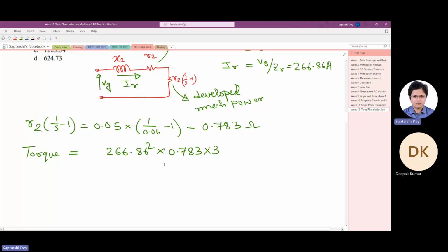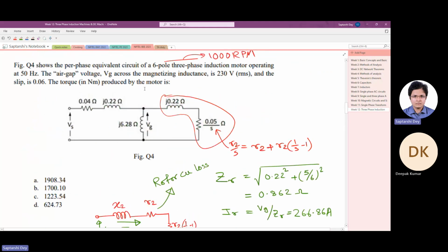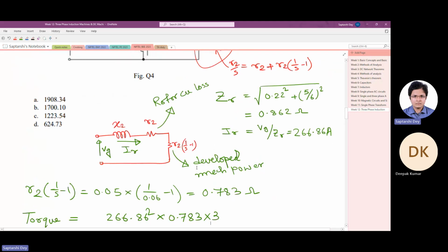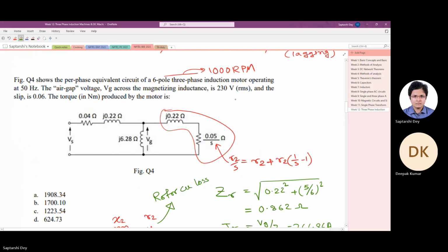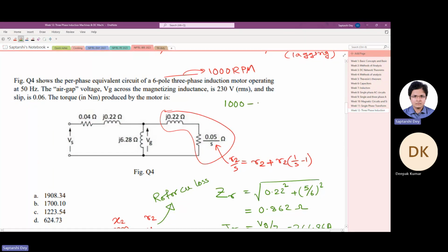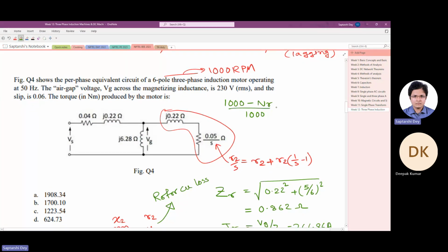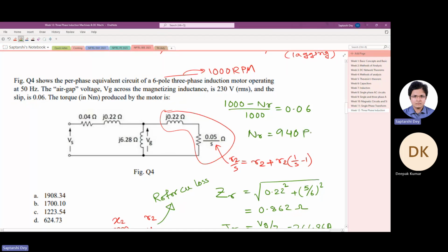We have been asked to find out the torque. So we have to divide this by the speed at which the machine is rotating. So we have to find out the speed. So speed will be how much? (1000 minus Nr) by 1000 is 0.06. So Nr is 1000 minus 1000 times 0.06, 940 rpm. So the machine is rotating at 940 rpm.